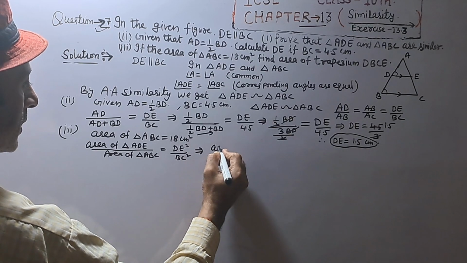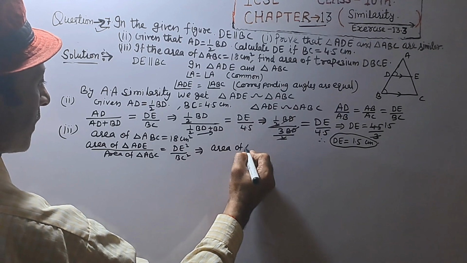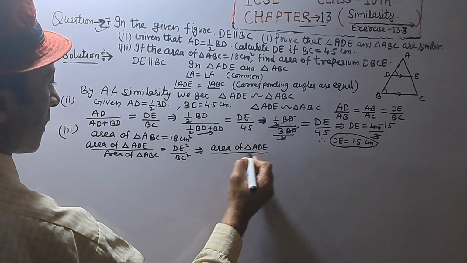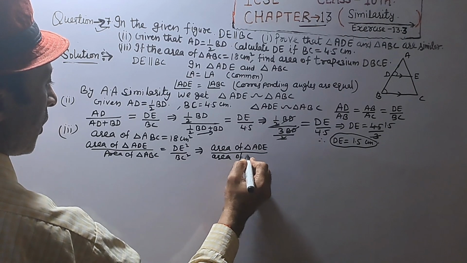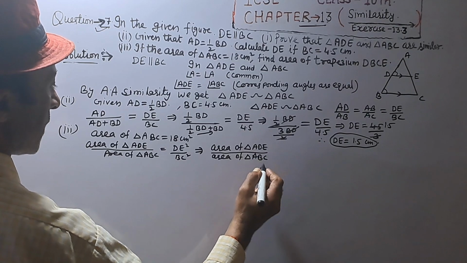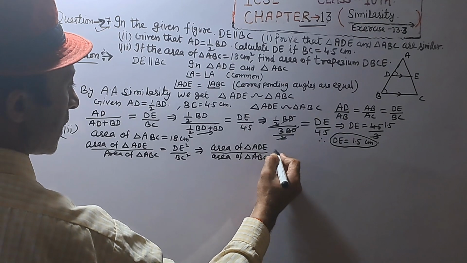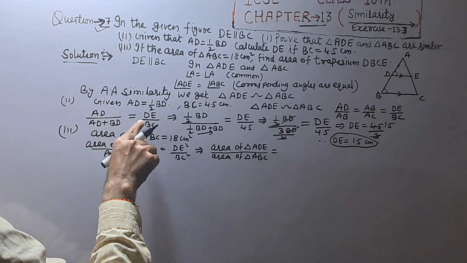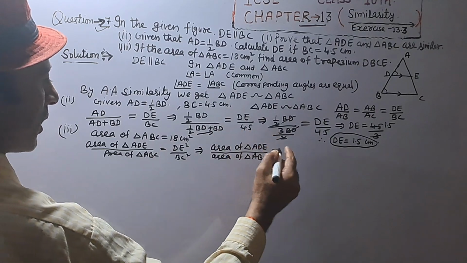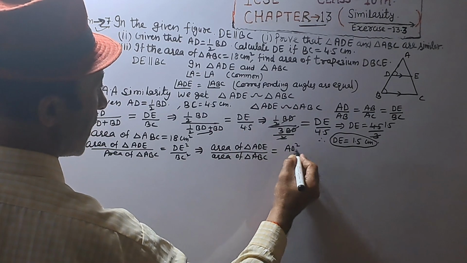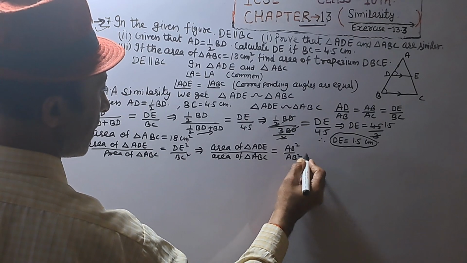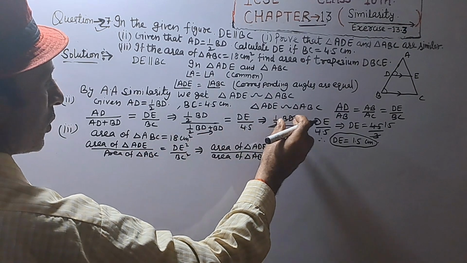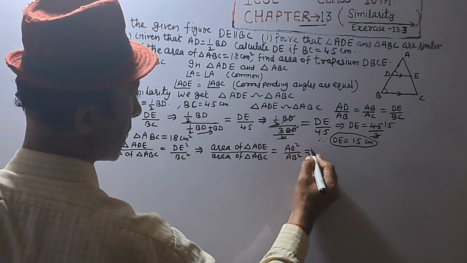Which implies area of triangle ADE upon area of triangle ABC is equal to AD square upon AB square, that is equal to 1 upon 3 square.